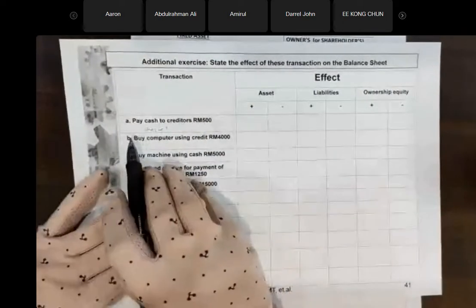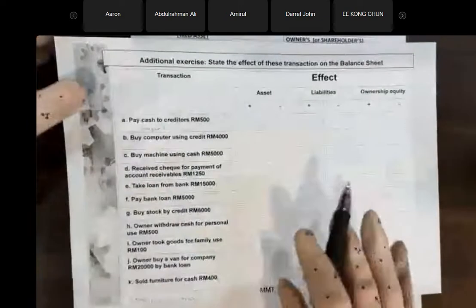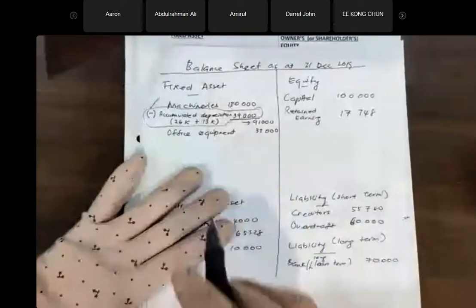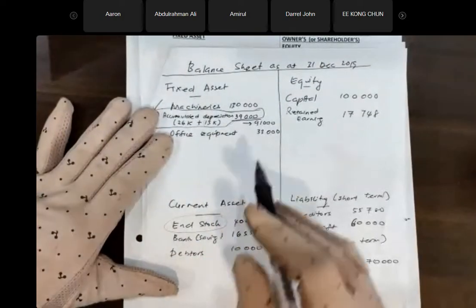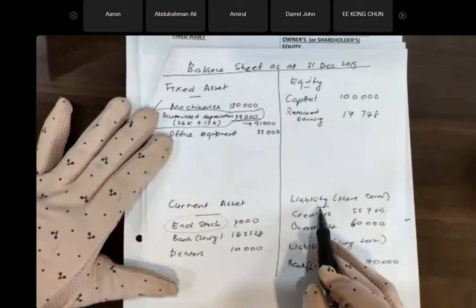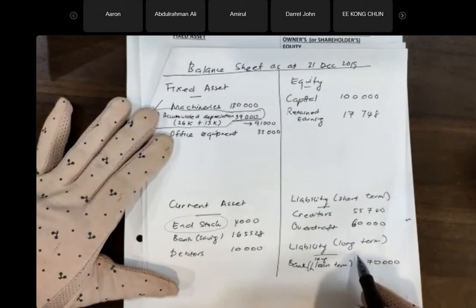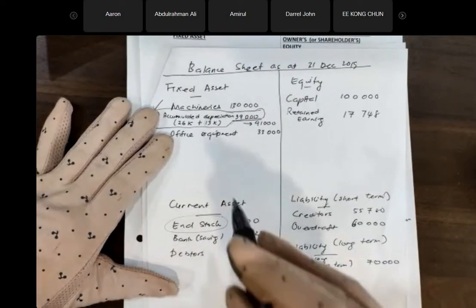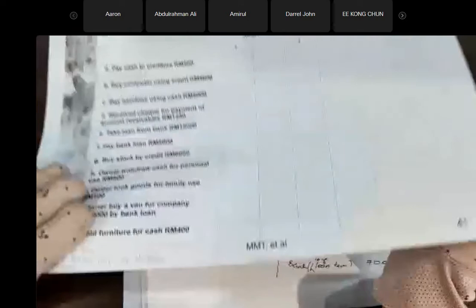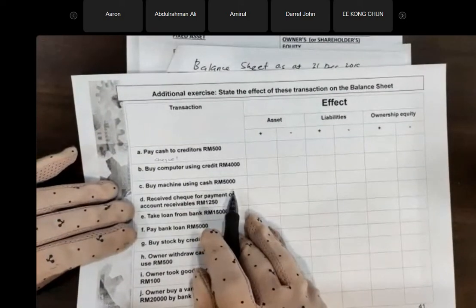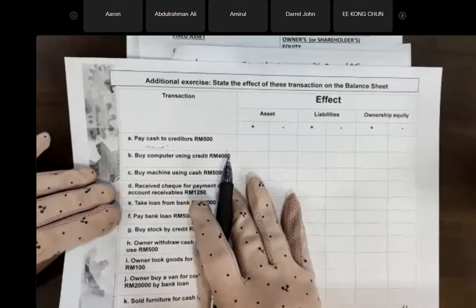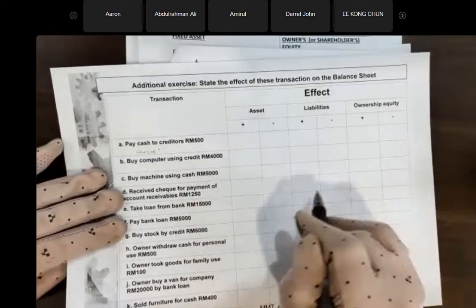So for the first one, you look at this balance sheet. We have fixed asset, current asset, equity and liability. So liability short term and liability long term. There are a few strategies how to answer this. First one, maybe you can answer here.